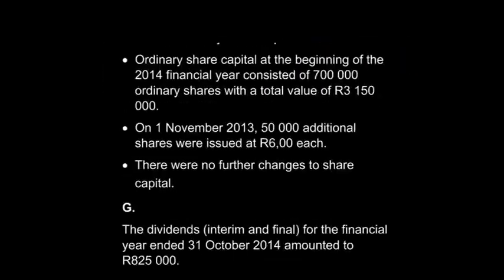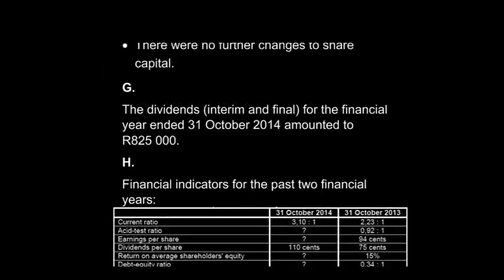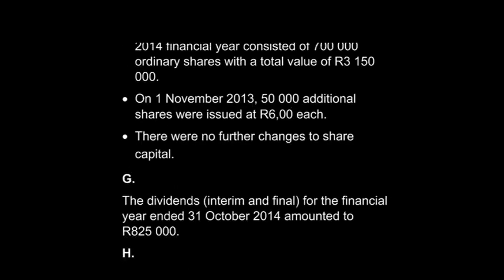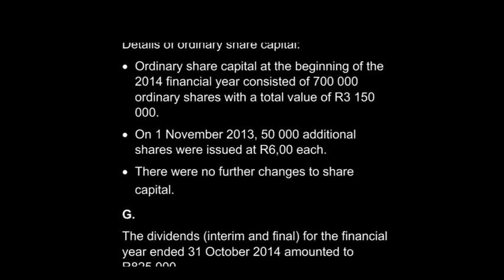So let's go to F. What do they tell us in F? They say, ordinary share capital at the beginning of the year amounted to 700,000 ordinary shares with a total value of 3,150,000. That's the share capital at the beginning of the year.